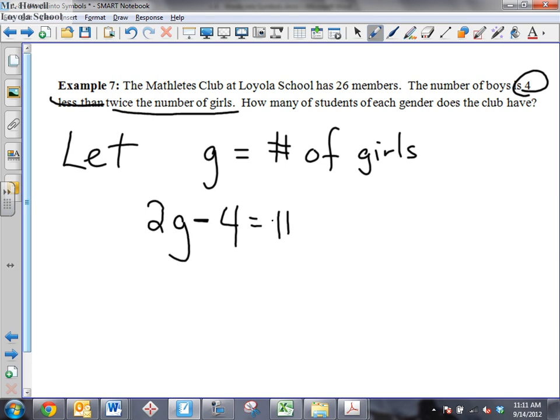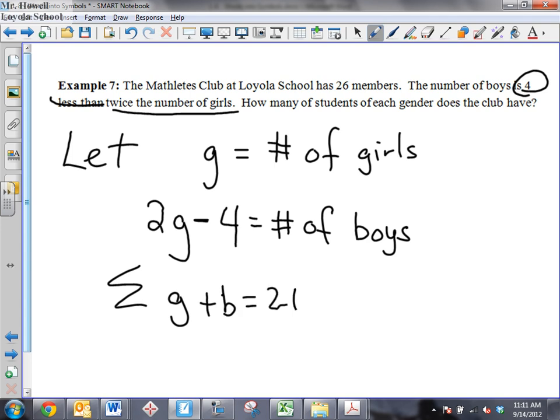That will be the number of boys. Again, we did this with example 1, but we're going to continue. So, how many students of each gender does the club have? Well, we know that there's a total of 26. So, if we sum together the number of girls plus the number of boys, it's going to equal 26.